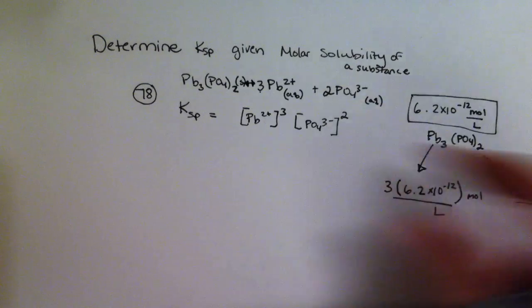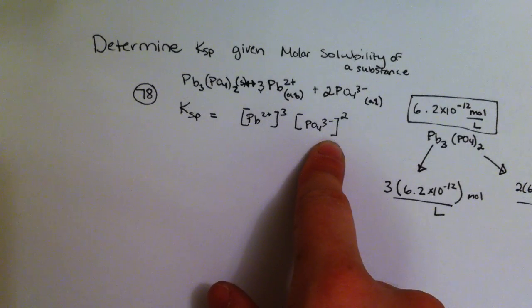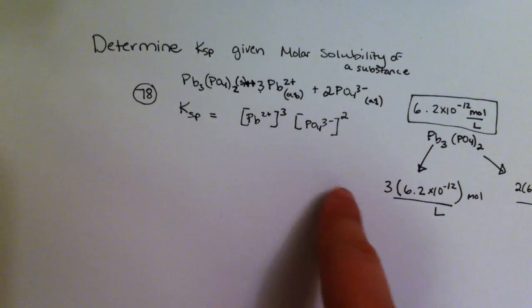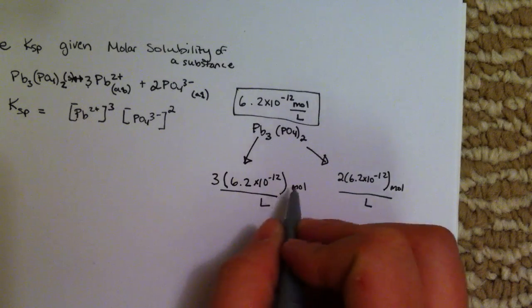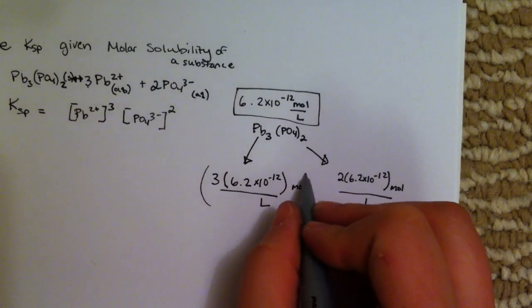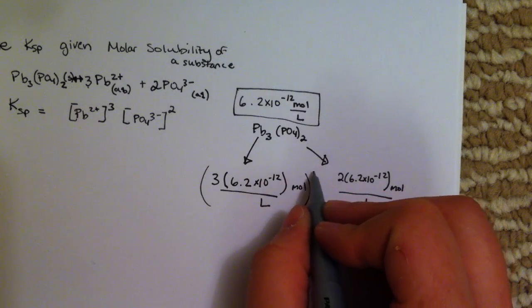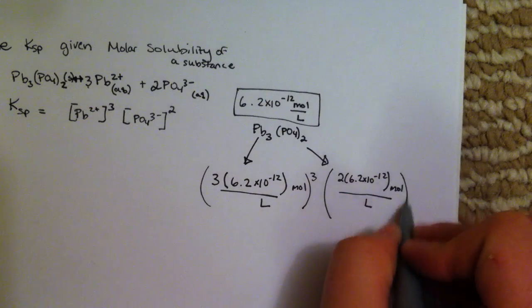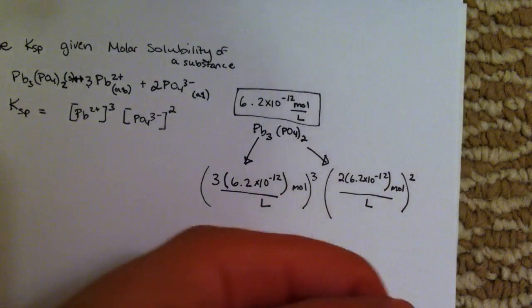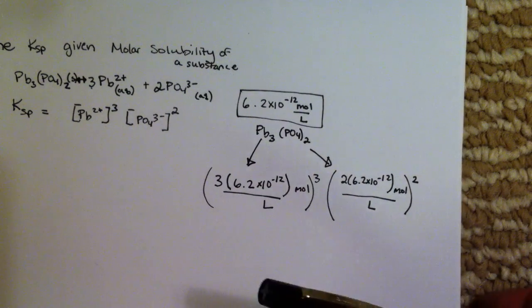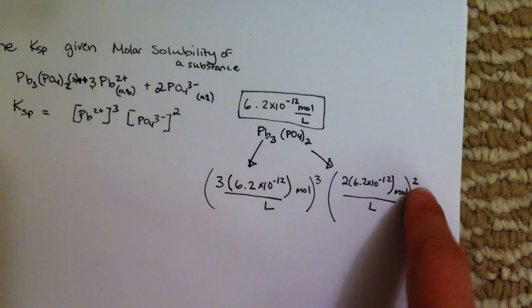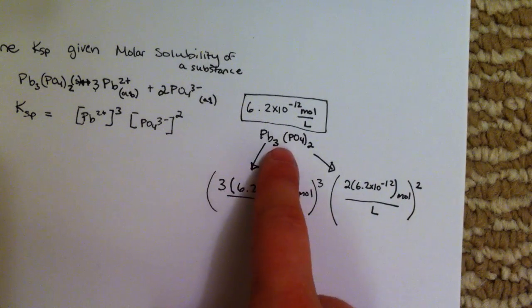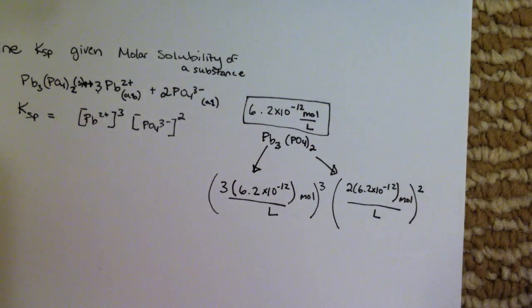We go over to the expression that we wrote earlier, and all we do is substitute. We will have this one to the 3rd power, and we will have this one to the 2nd power. As someone mentioned in class today, the coefficients show up here from the balanced equation, and then this is 3 times as much because of the subscript, they're related.